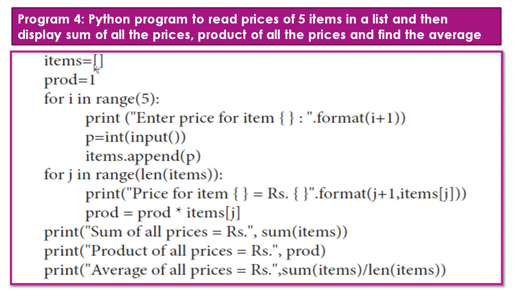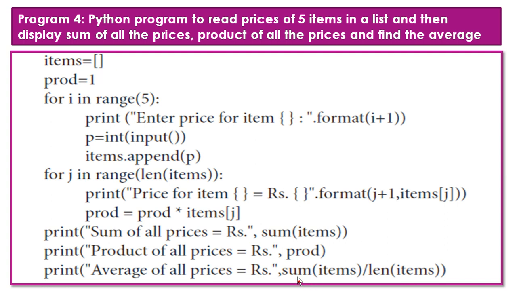The items list contains the 5 different prices of the different items, and these 5 prices are added by using sum of items. The final value of the prod variable, that is the product of all the items, is printed by this print statement, and the average is found by sum divided by the length of the items, where the length of items is 5.